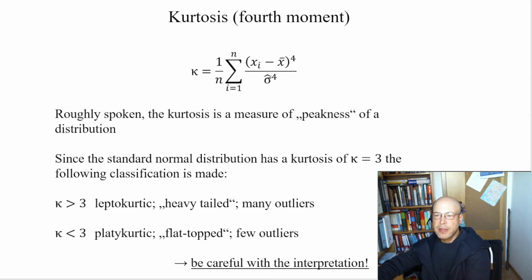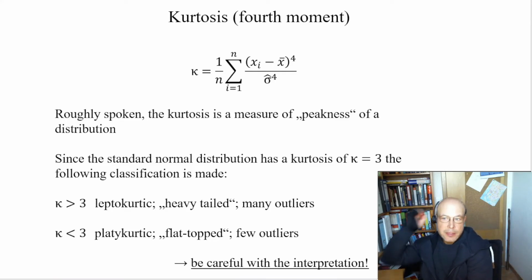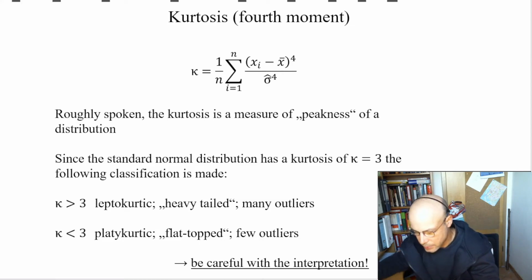So if we look at a stock market index, we will also expect that we obtain a distribution which has in the tails more statistical mass, because these extremes happen much more often than in a normal distribution. Okay, so let's write this down.